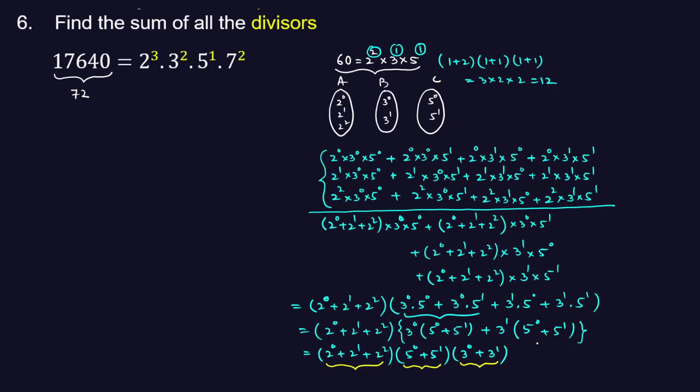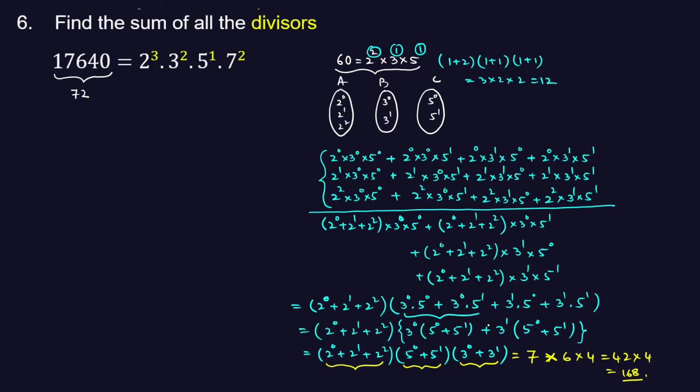That's it. So what will be the sum of this? This is actually 7 into 4 into 6. So 7 sixes are 42, into 4. That gives us 168, right? So that will be the sum of all the divisors.